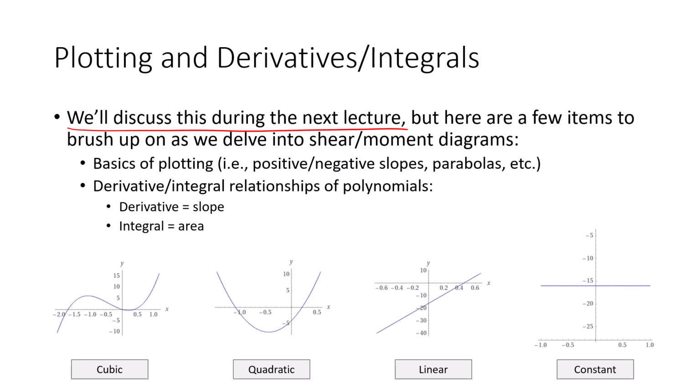What does the graph of 6x look like? It's a line. What's the derivative of 6x? 6. What's the graph of that look like? It's a constant. So going from cubic to quadratic to linear to constant just follows the polynomial differentiation rules that we learned all the way back in Calc 1.